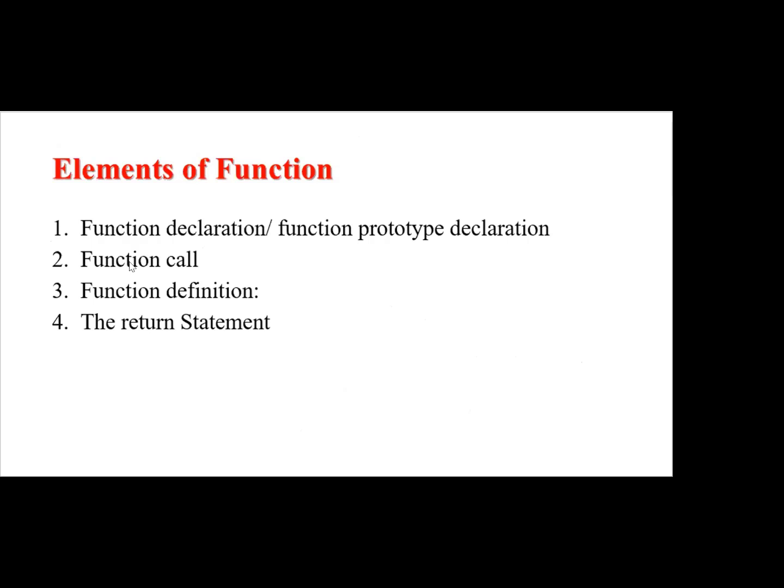Then function call: how to call it if it is void, and how to call it if it is int. Then function definition, the actual function, what task that function does. And the return statement: if the function is of a type other than void, then you have to return a value. We'll look at each one of these in the next class.